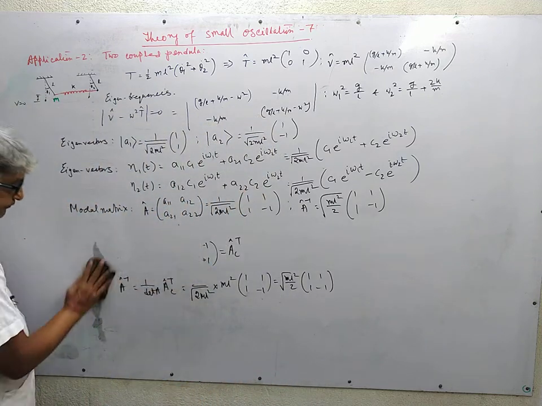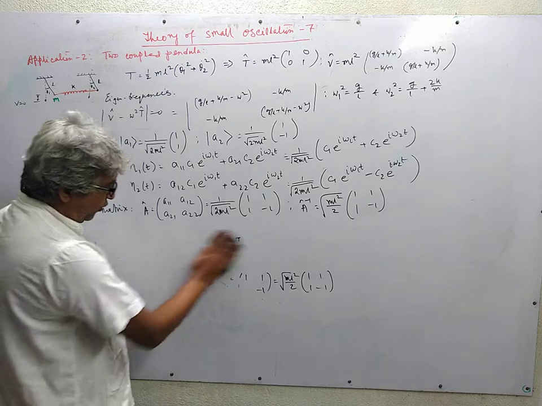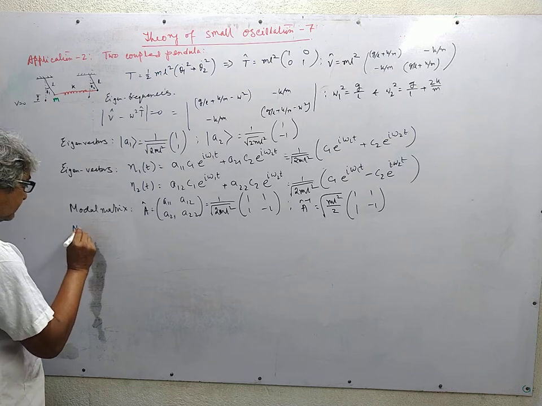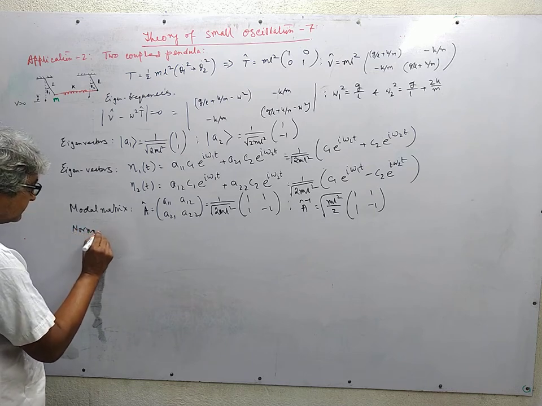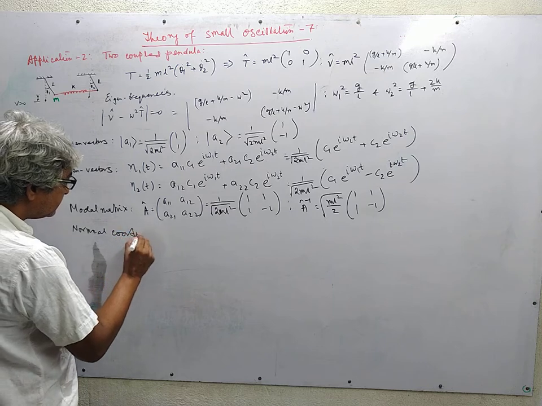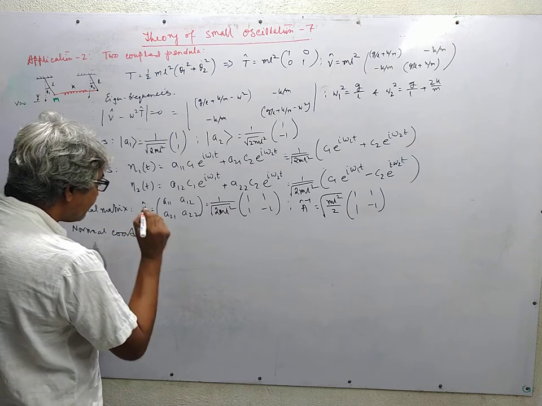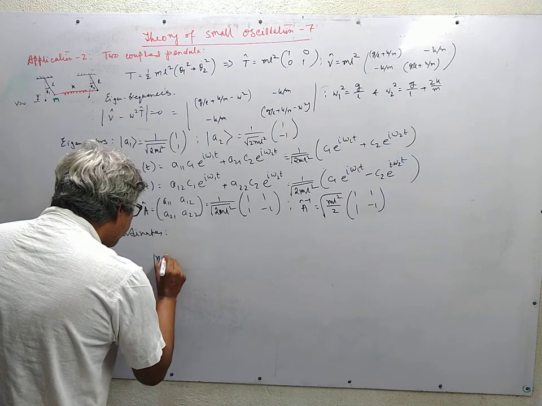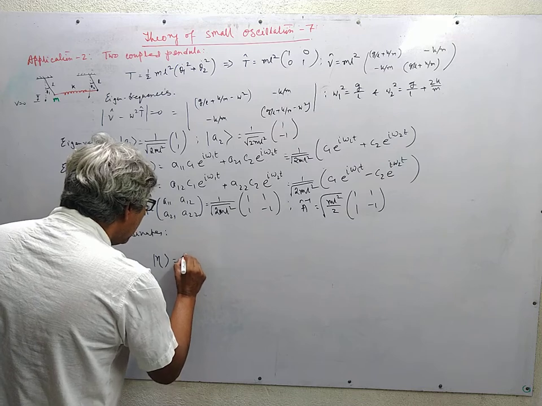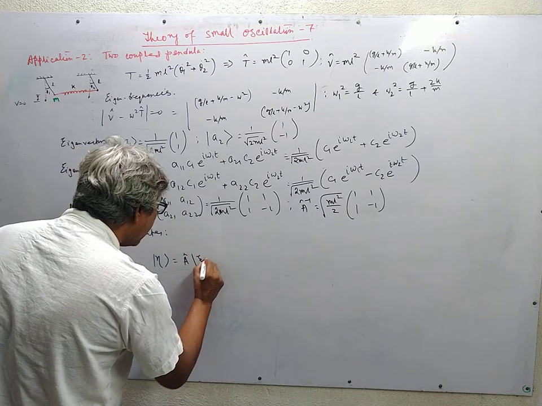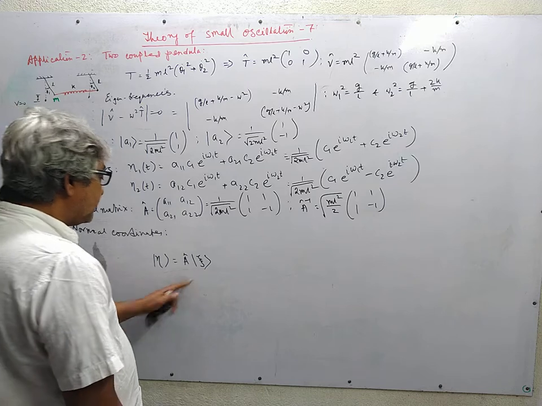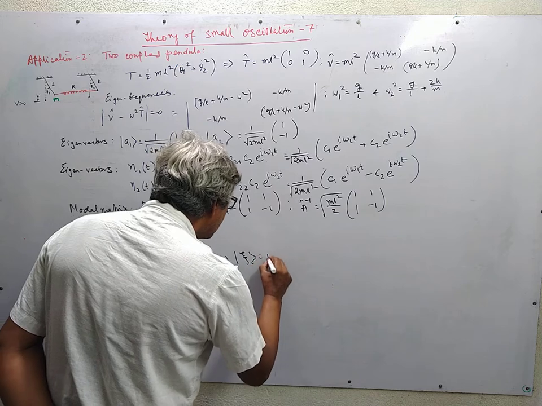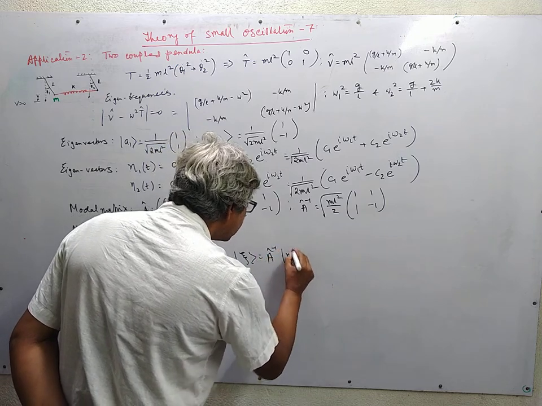Now coming to normal coordinates. Normal coordinates are defined by the fact that eta is equal to the modal matrix times xi. So this is the normal coordinate, which gives us that xi is equal to A inverse eta.